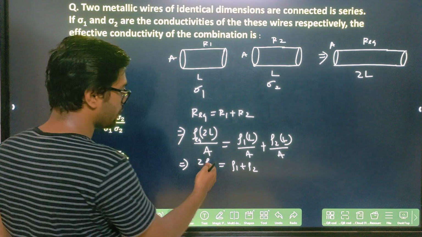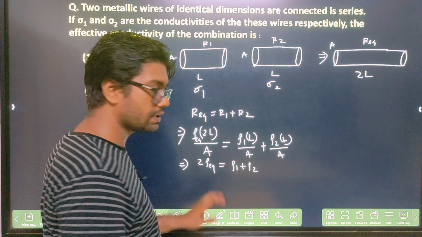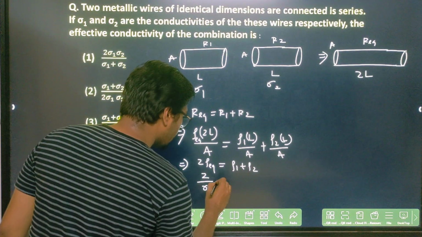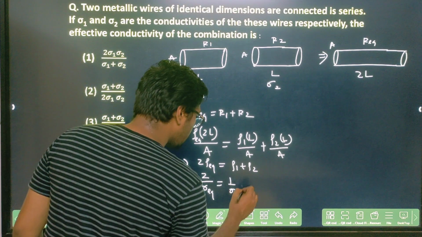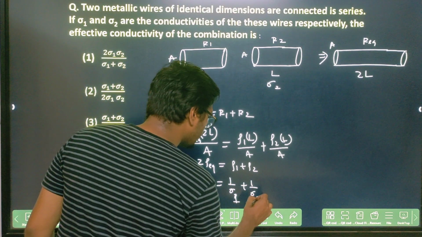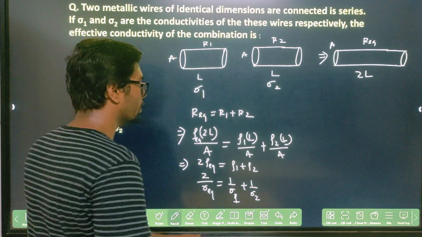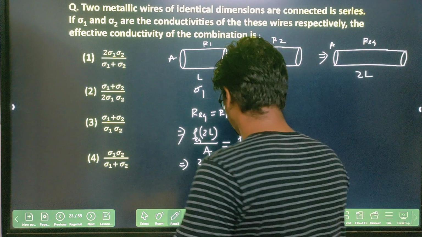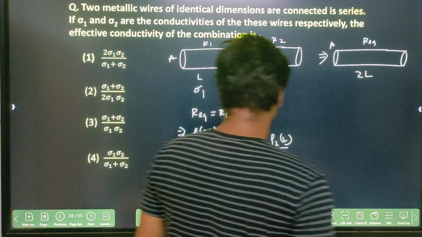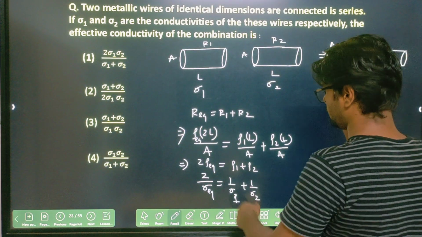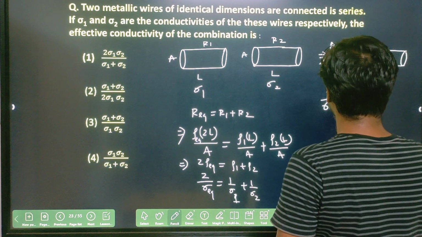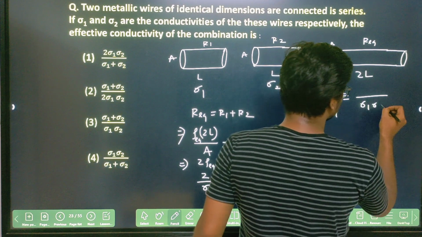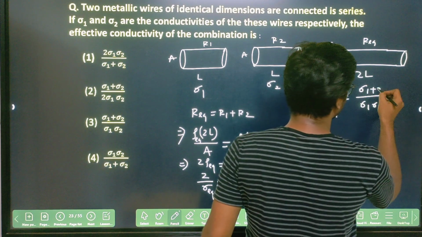And they are asking about the conductivity. What I can do? I know that the reciprocal of conductivity is resistivity, right? So here I can write that 2 by sigma equivalent is equal to 1 by sigma 1 plus 1 by sigma 2. Right? So I can write 2 by sigma equivalent is equal to sigma 1 plus sigma 2 over sigma 1 sigma 2.